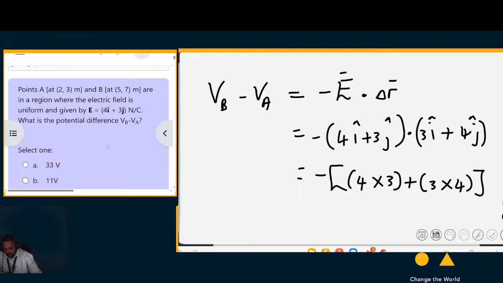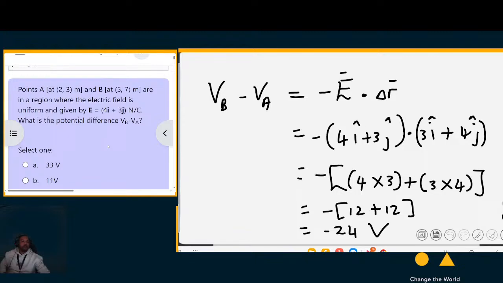So there we have that. That's the dot product, you should have learned this in first semester. So it's negative 12 plus 12, negative 24. The answer is negative 24 volts. That is the potential difference between those 2 points.